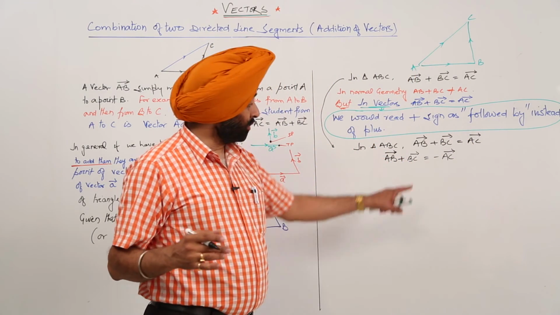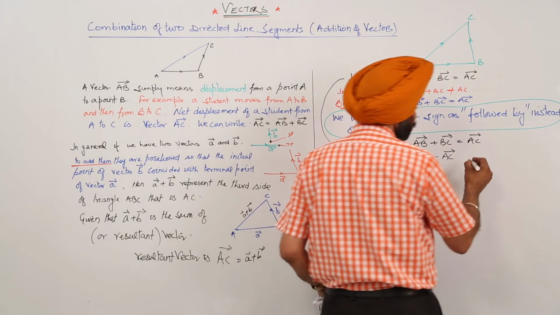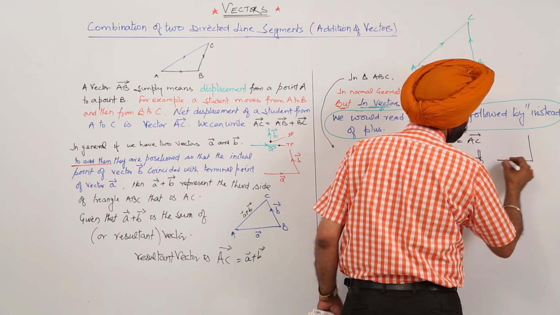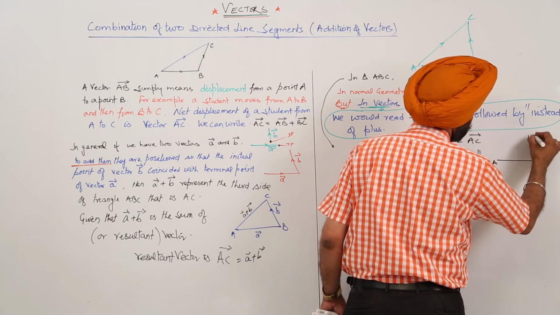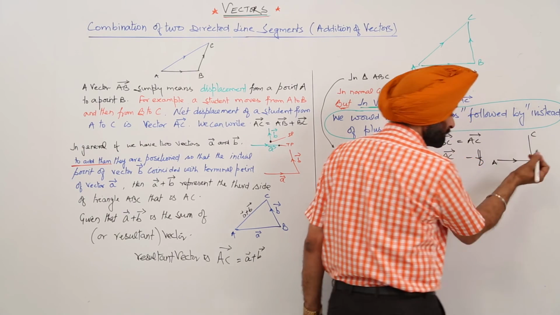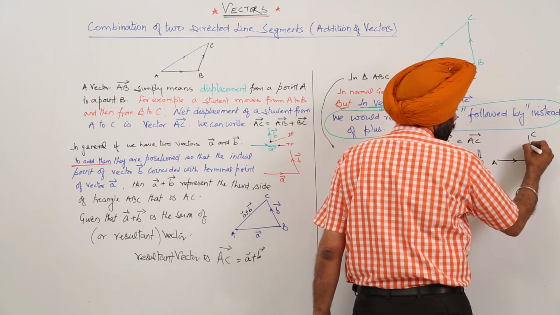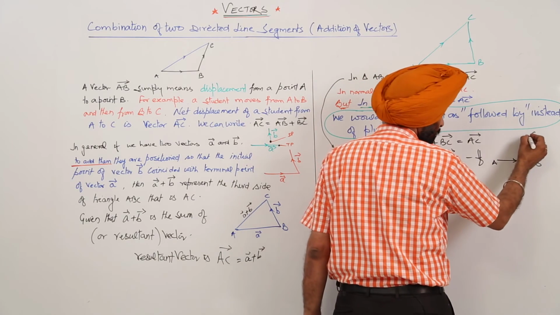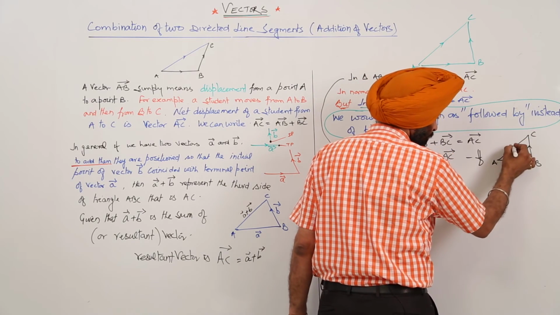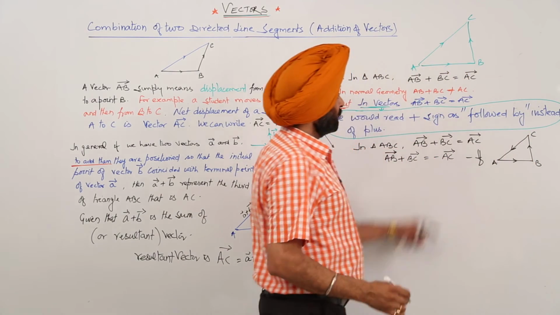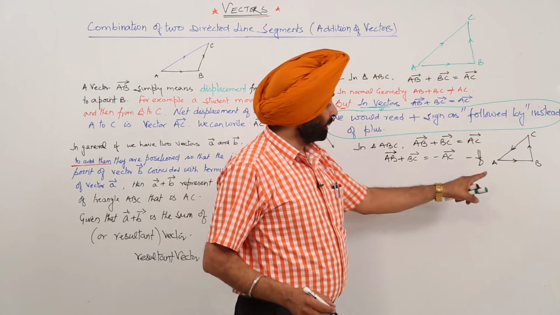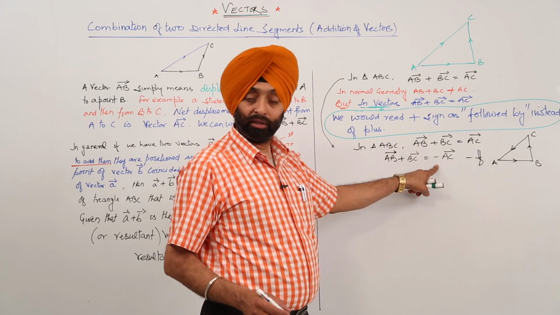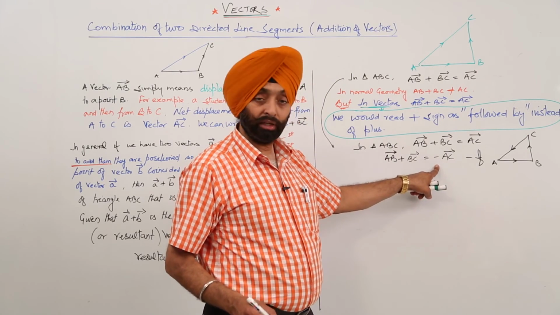Now why negative of AC? If we have A, B, C, first going towards B, then from B to C, and then moving like this, the direction was from A to C, now the direction is from C to A, so I can write negative of vector AC.